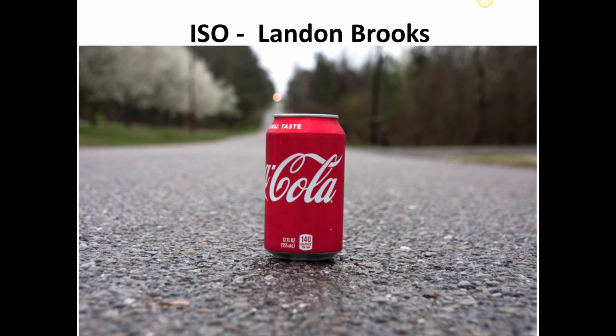First off, let's talk about ISO. Remember, ISO is the sensitivity that you can set on cameras. And the sensitivity with ISO is measured from low numbers to high numbers, and more sophisticated cameras have a greater range of this.